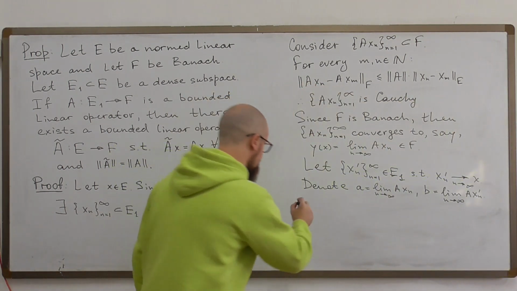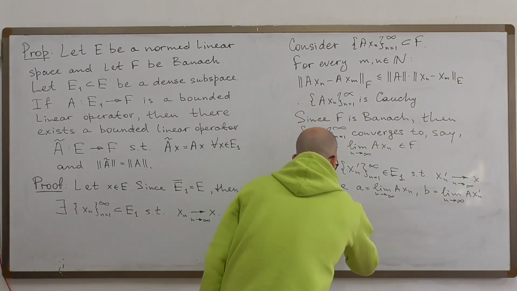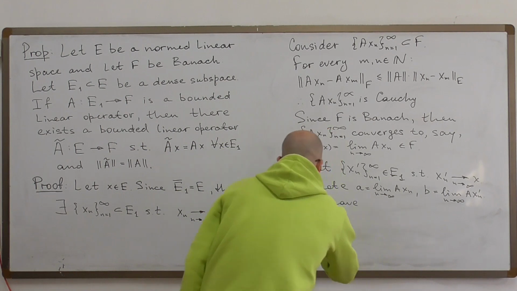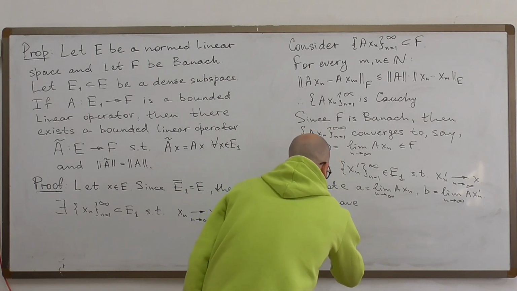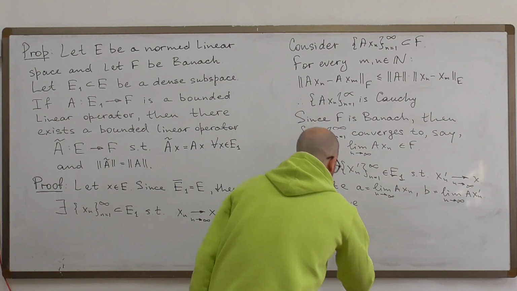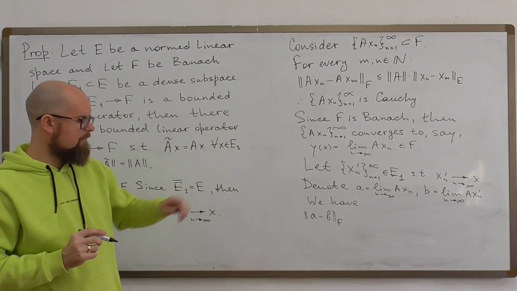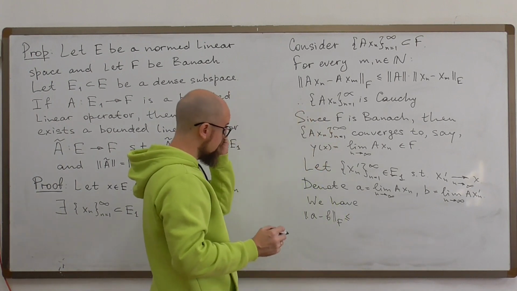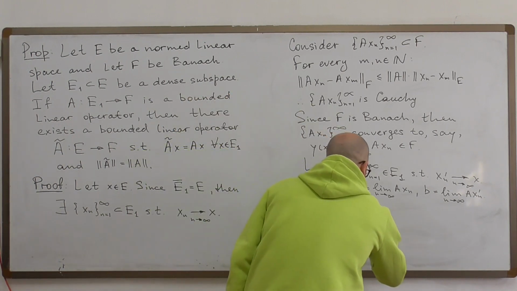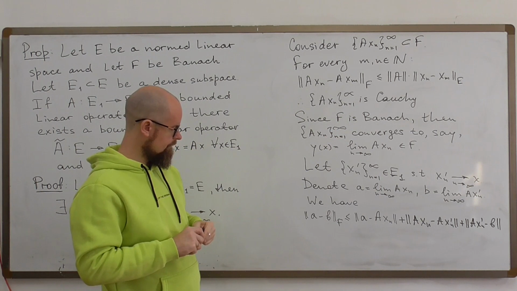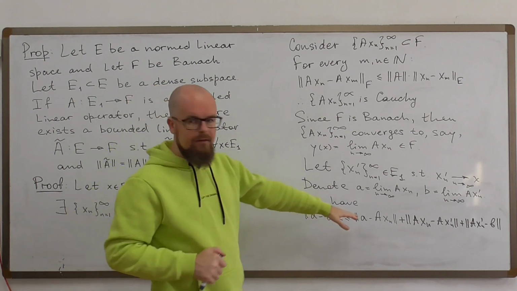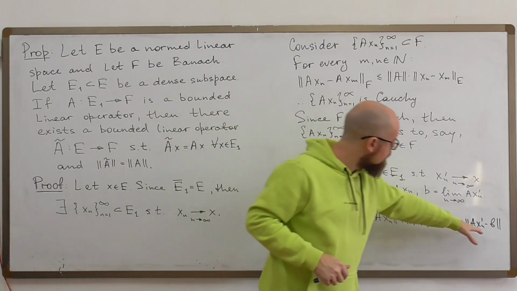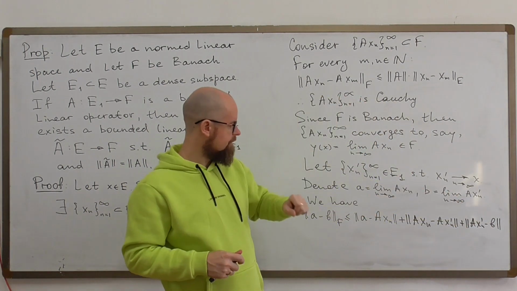We have the norm of a minus b, using the triangle inequality, can be estimated by the following. It is clear that the first and the last term tend to 0 by the definition of the limit.